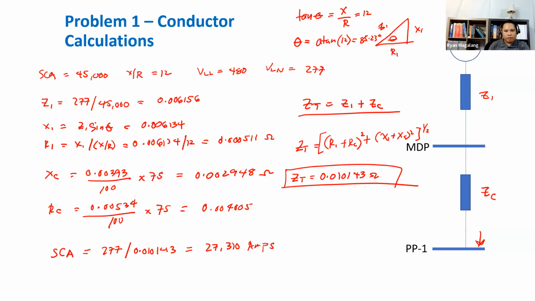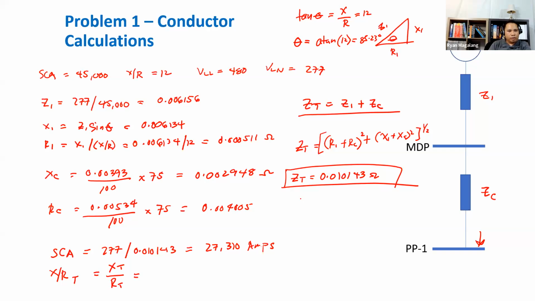Then I could get my new X over R. Let me just call that X over R total. So to do that, we simply divide the total XT by the total RT. Let me write that down.